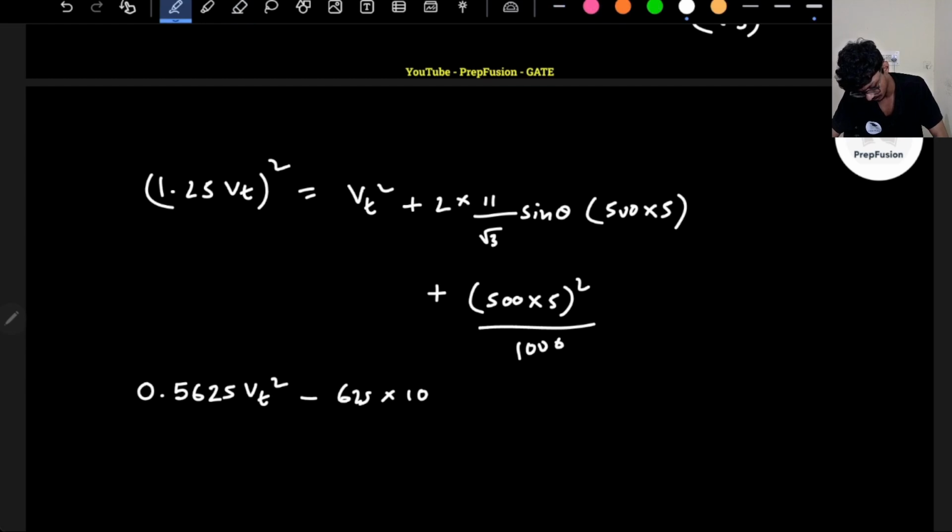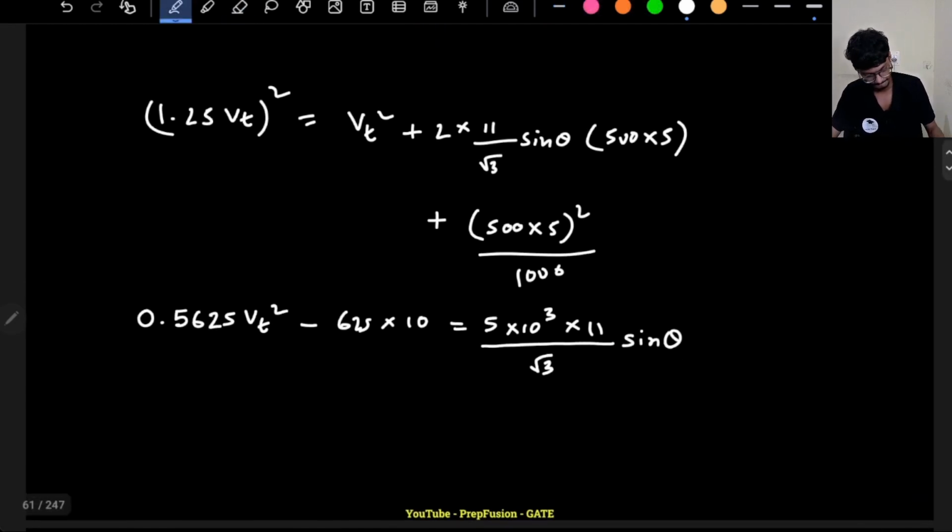This equals 2 into 11 divided by root 3 into 5000 into sin theta.